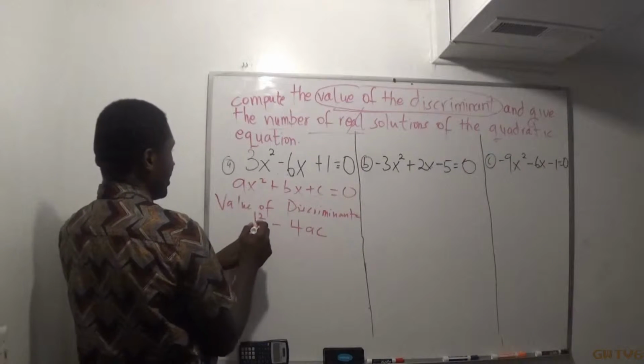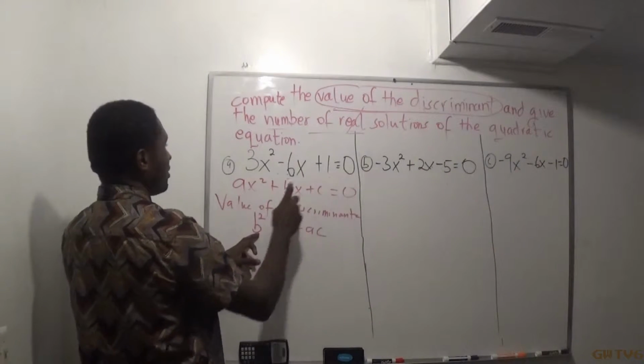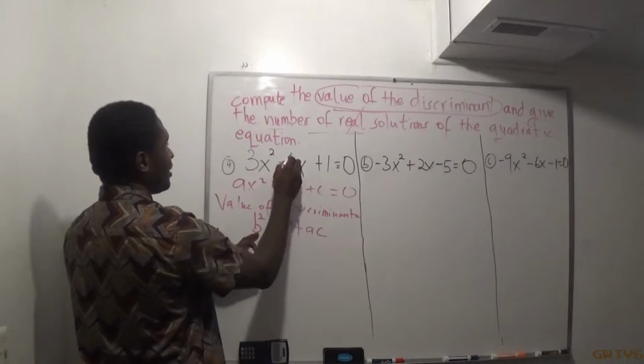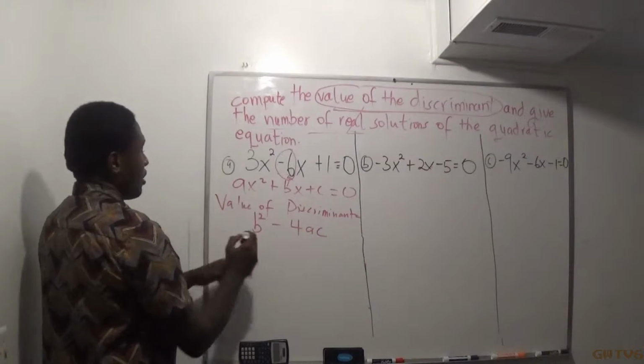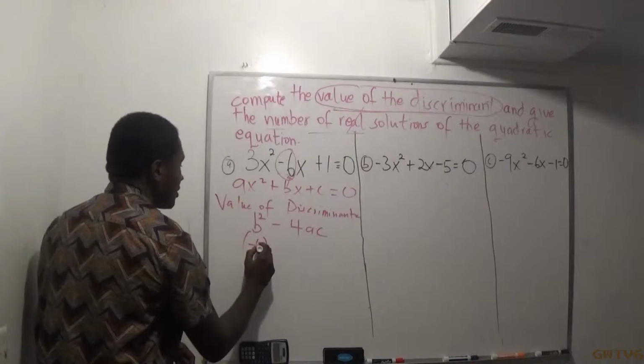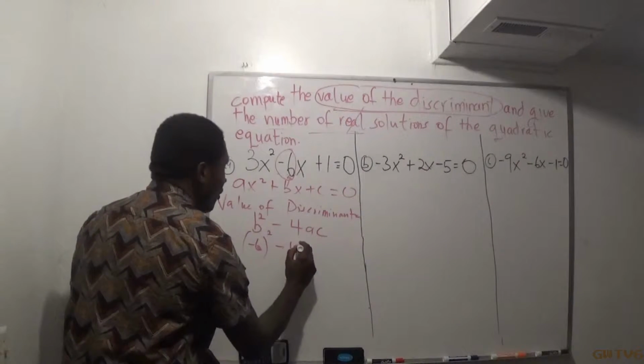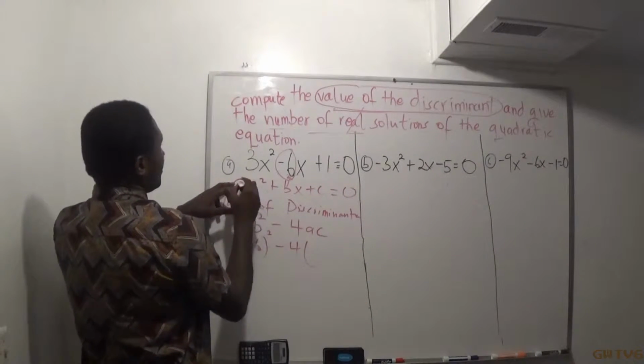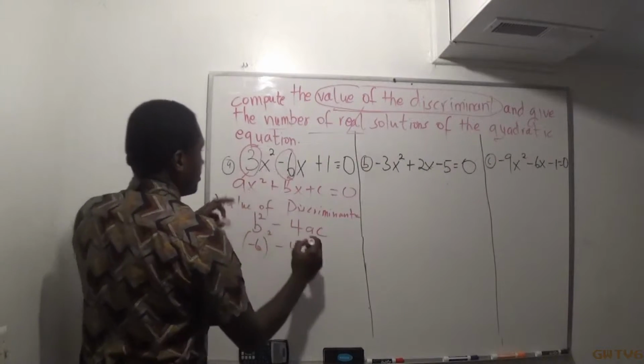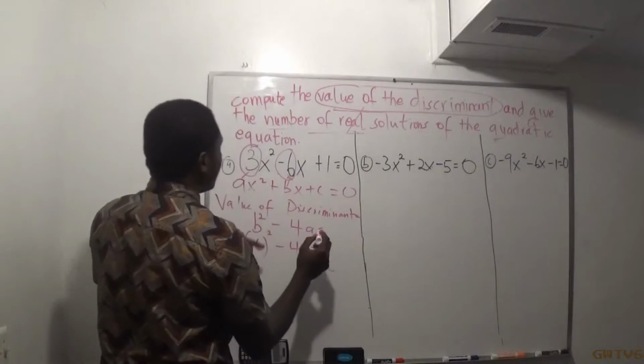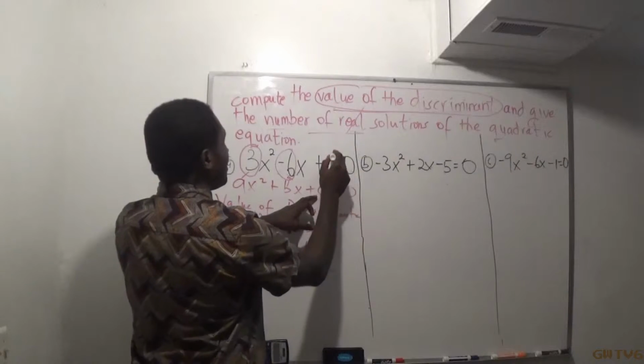What is my b? My b is -6. So I put -6 squared, minus 4. A is 3. And my c is 1.